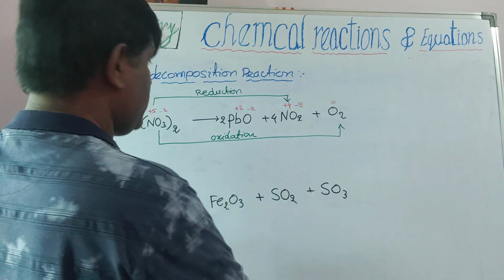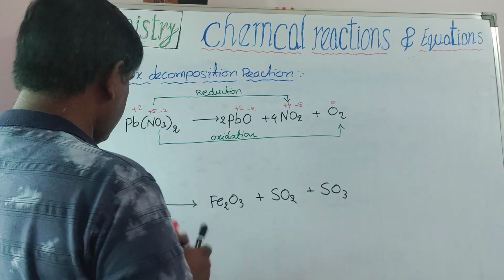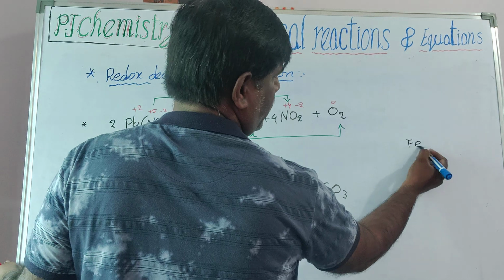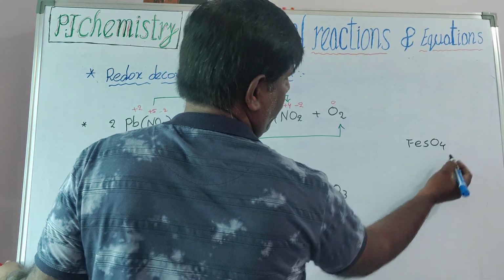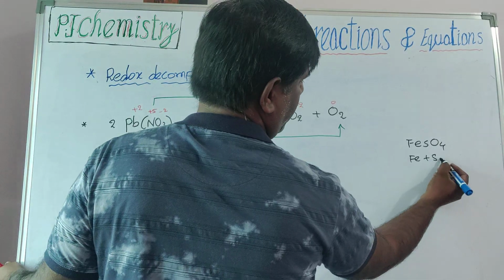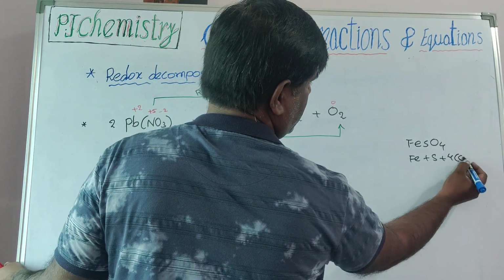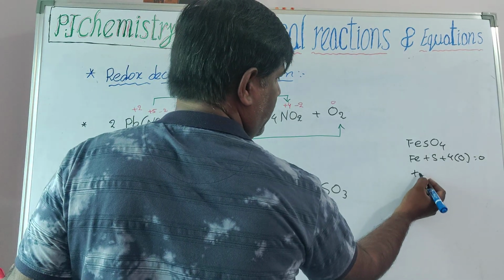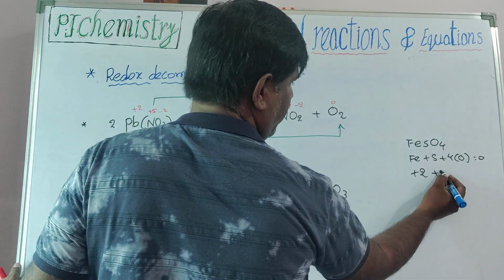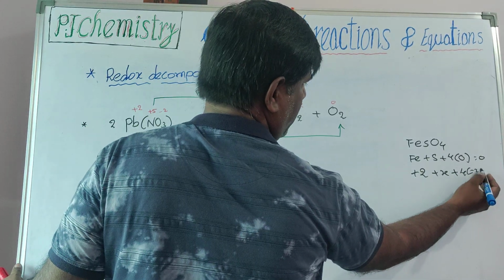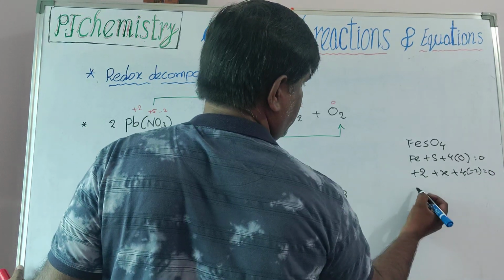Okay, you can go through solving the oxidation number. Previously we solved lead nitrate like that. In the same way, take FeSO4: iron plus sulfur plus 4 oxygens equals 0. Iron is +2. Sulfur we need to find, X. 4 oxygens, 4 into -2, equals 0.